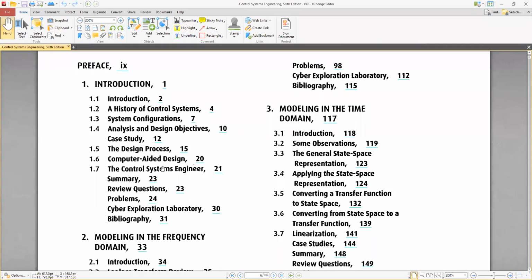as well as some examples like the boiler example and the autopilot example. Okay, and the block diagram. There is a block diagram and the design process. Okay, you'll have to check this.